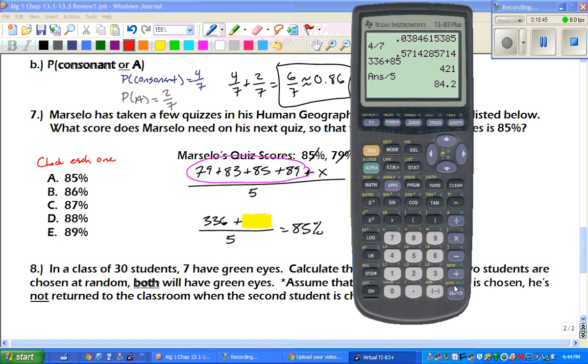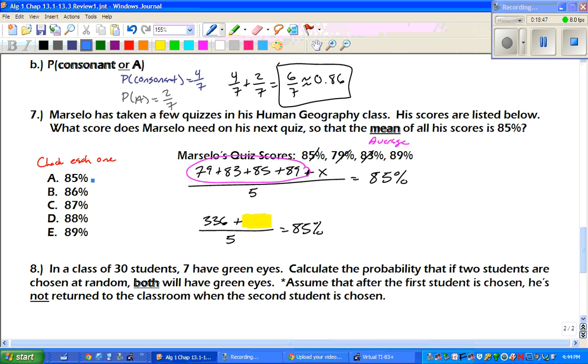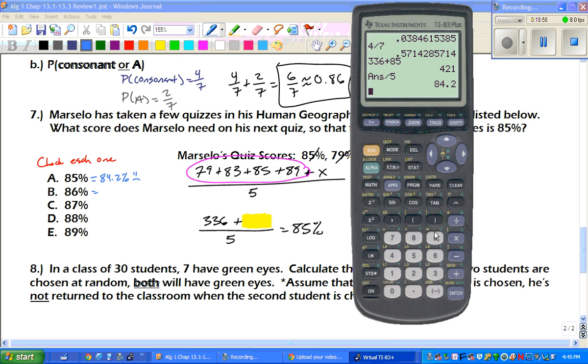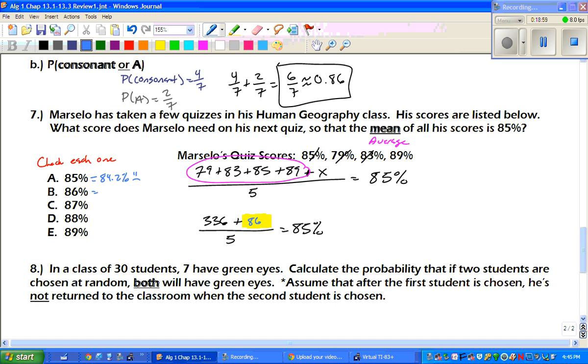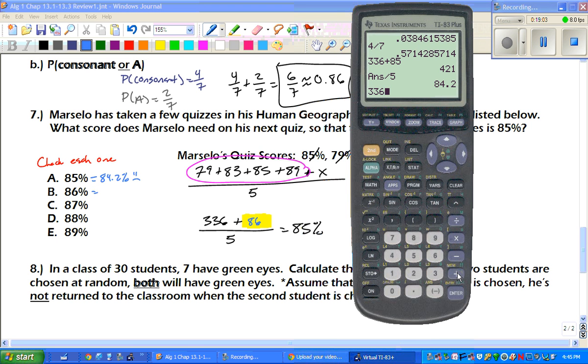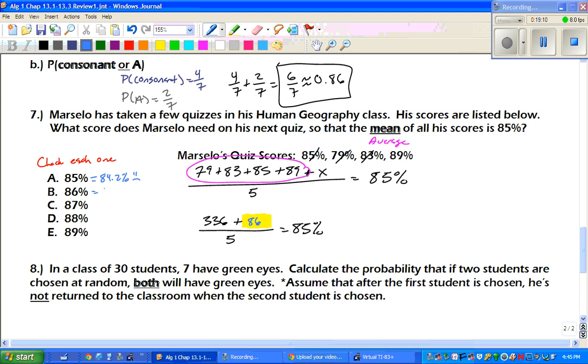Divide that by 5, and we get 84.2. And that's not what we wanted, okay? Now we're going to do it again, except now we're going to plug in 86, okay? So 336 plus 86, divide that by 5, 84.4. That's not what we want, so sorry 86, that's not you, okay?